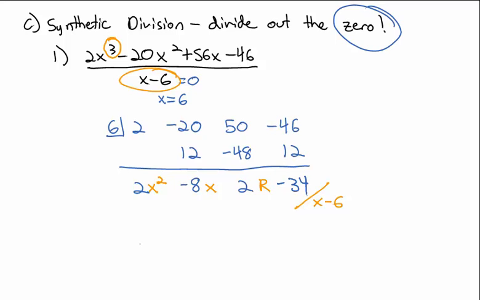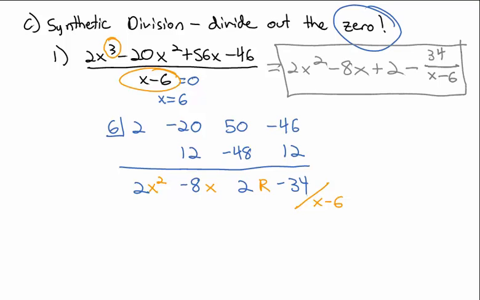So to clean it up, when we divide, what we get is 2x squared minus 8x plus 2 minus, because the remainder was negative, 34 over our common denominator of x minus 6. We have synthetically divided out the x minus 6. I love this method because it is so much easier than long division.